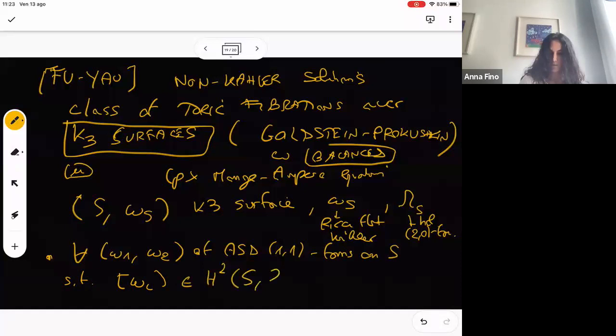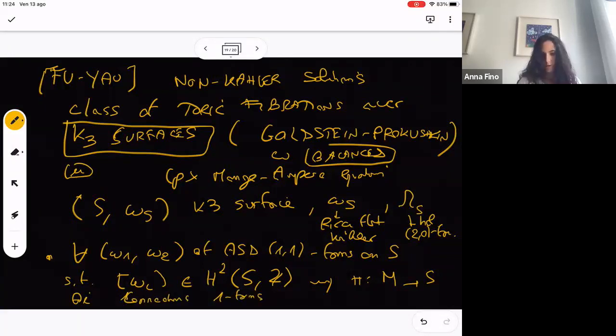Then you can associate a toric fibration over S. If we denote by theta_i the connection 1-forms on M such that d theta_i is the pullback under the projection of omega_i, essentially omega_i are the curvature forms associated to theta_i, and the complex structure that you have here makes the projection a holomorphic map.